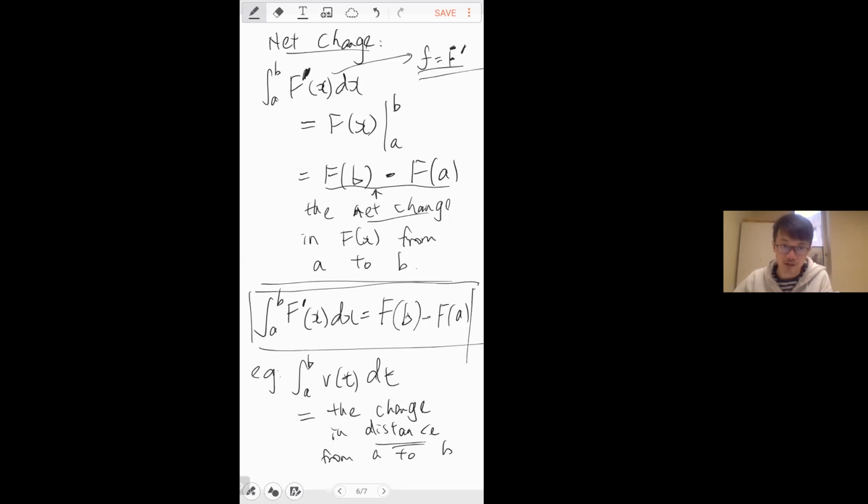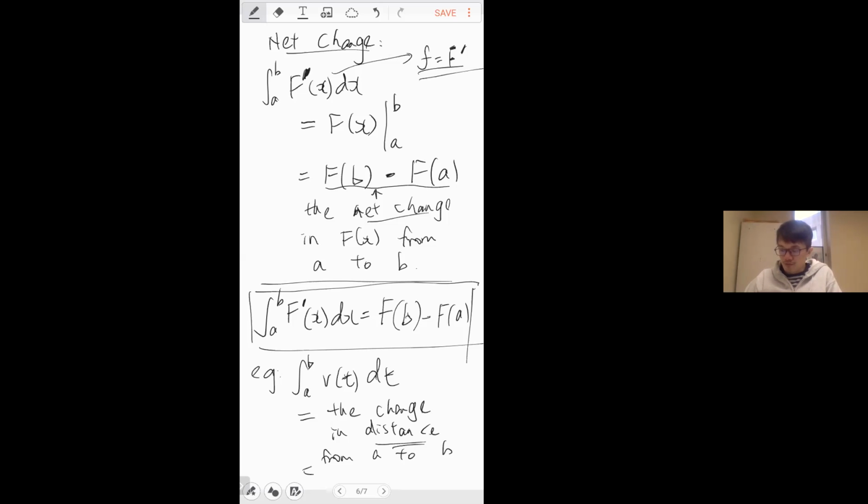Because the definite integral of the velocity is just a distance function. And then because I'm computing definite integral, you need to plug a and b into your distance function and then subtract. That gives you the change in distance from a to b.